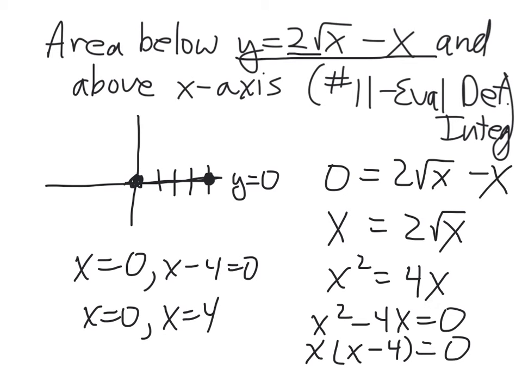And we can also check that, plug 4 in for x, and we do get y equals 0. And the graph, whatever the graph looks like, doesn't really matter. What we're looking for, area below this and above the x-axis, or we can say from 0 to 4.